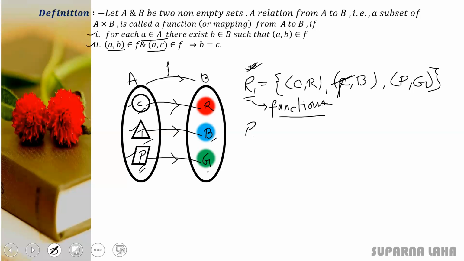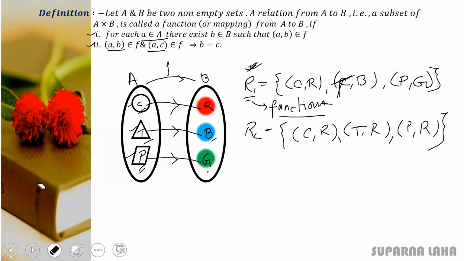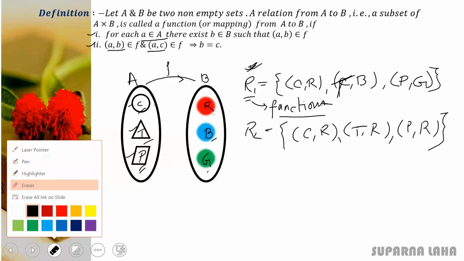Now take another relation. Here I'm taking this relation: (C, R), (T, R), and (P, R). Now tell me, is this a function? So firstly, draw the diagram.